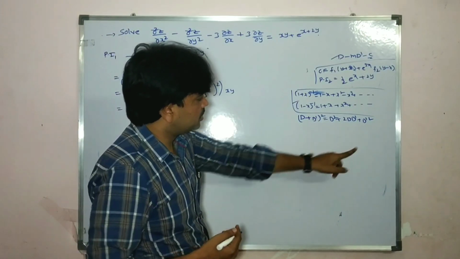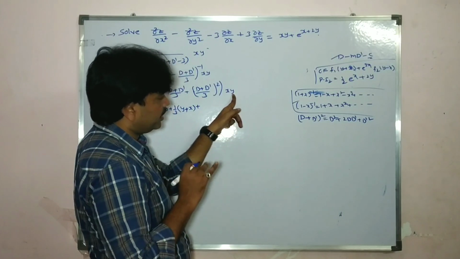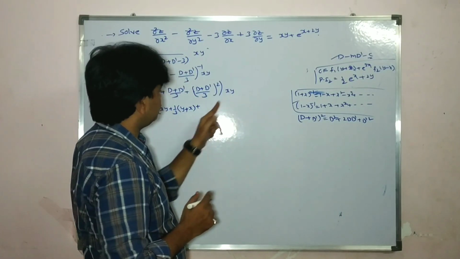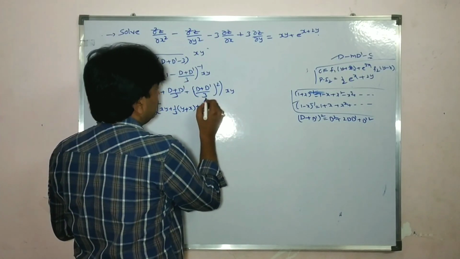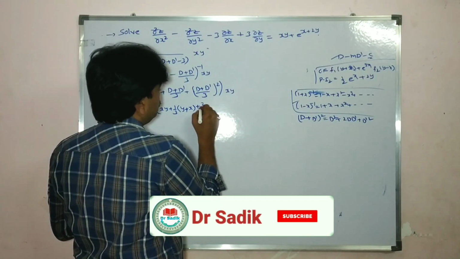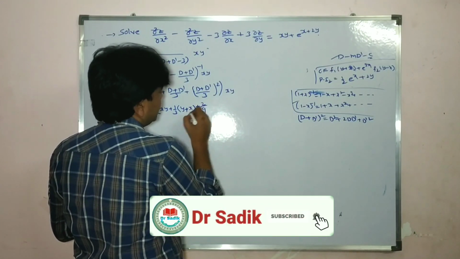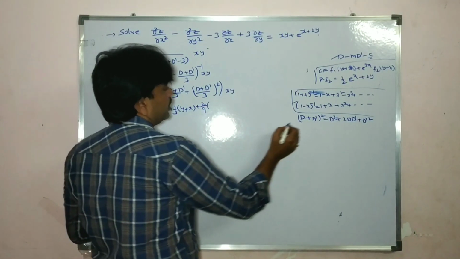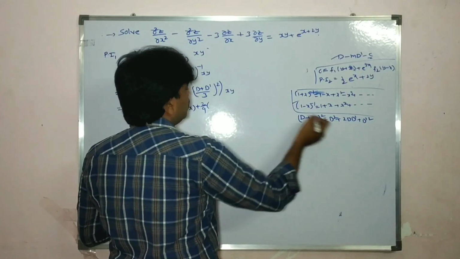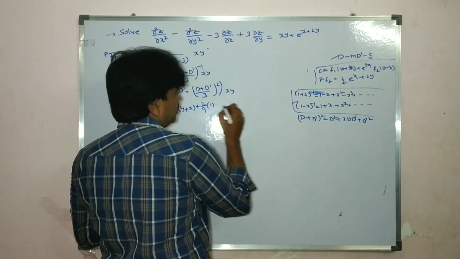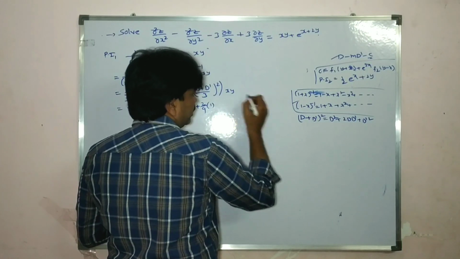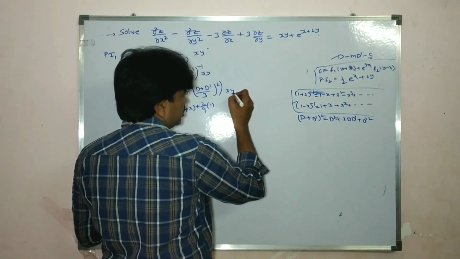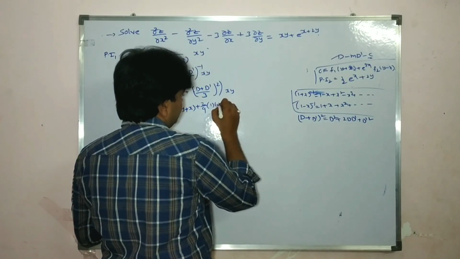D dash square means here we have only y, so the value is 0. So finally we get here 2 by 3 square means 9 into D, meaning derivative with respect to x, students, so we get 1 into y. D dash means derivative of y with respect to y, so we get 1.